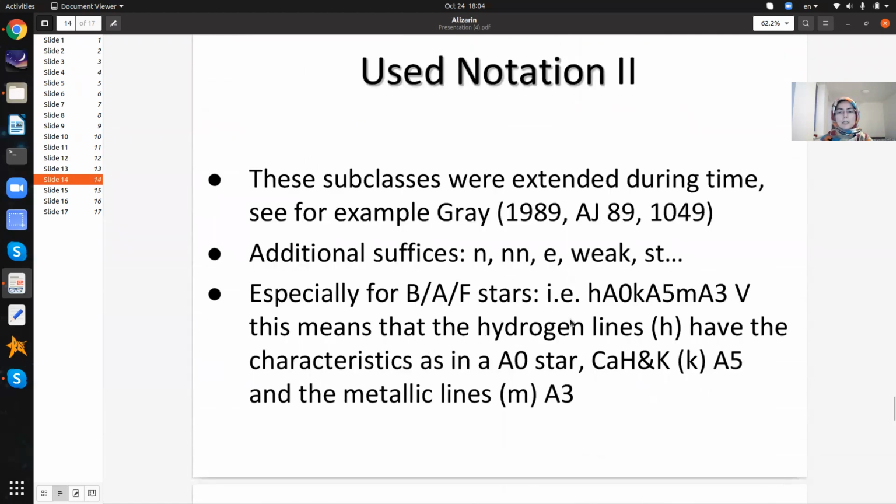For example, when we have something like HA0 KA5 MA3, this means that the hydrogen line has the characteristics of an A0 star, calcium K has A5 characteristics, and the metallic lines have A3 in classification.